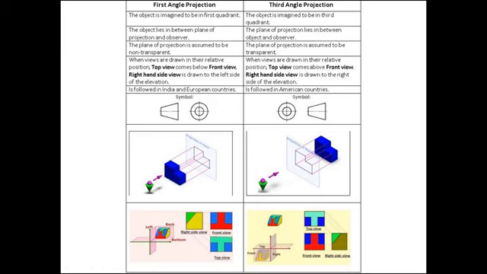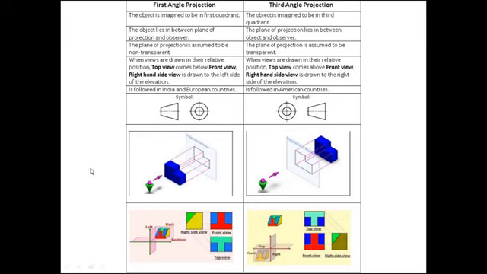One more thing I have given in this comparison is the symbols. This is the first angle projection symbol and this is the third angle projection symbol. In industry, when a worker is manufacturing a component, before starting manufacturing he needs to read the whole drawing. First of all, he will see in which angle of projection the entire drawing is drawn, whether first angle or third angle.